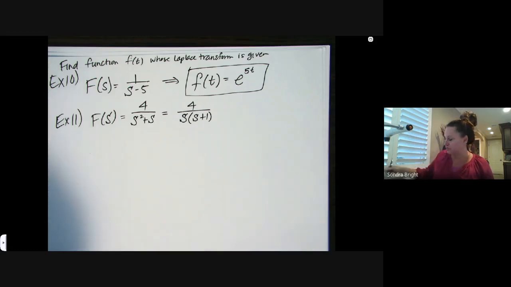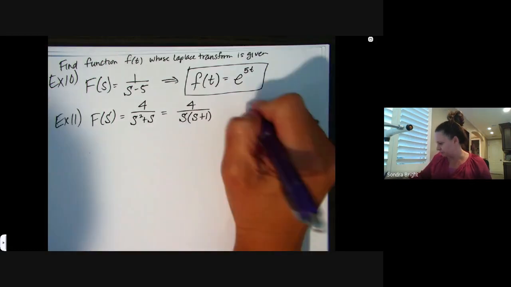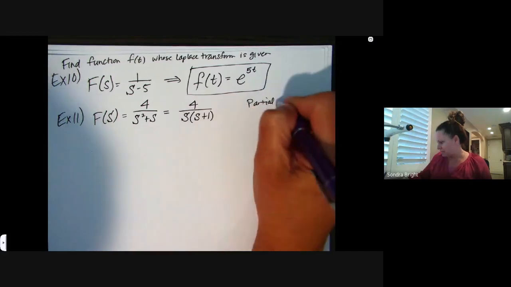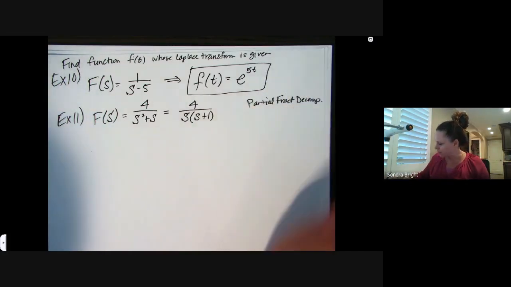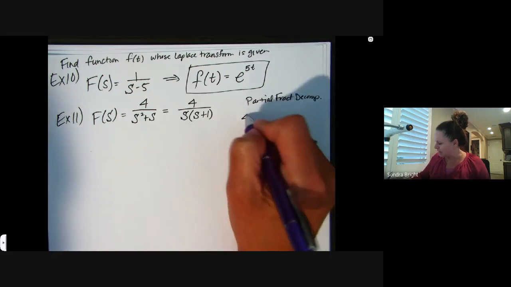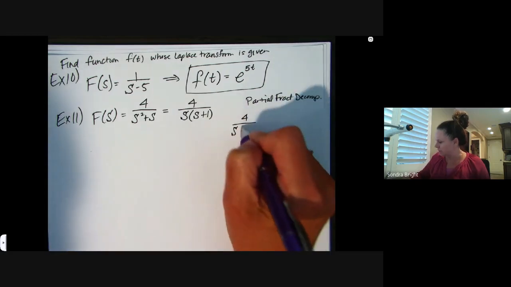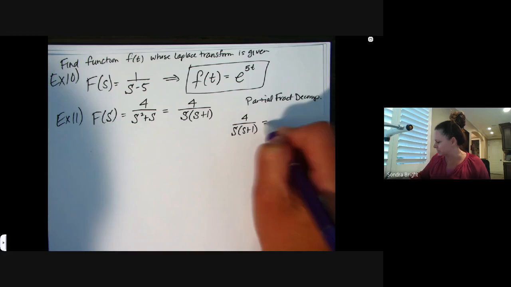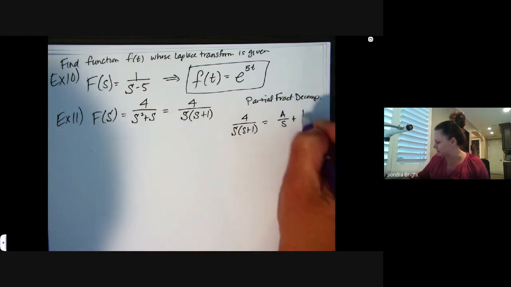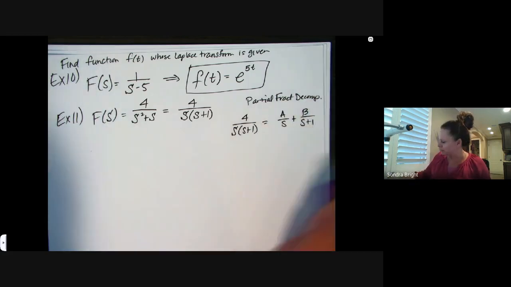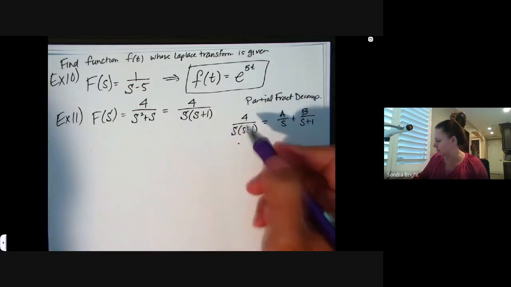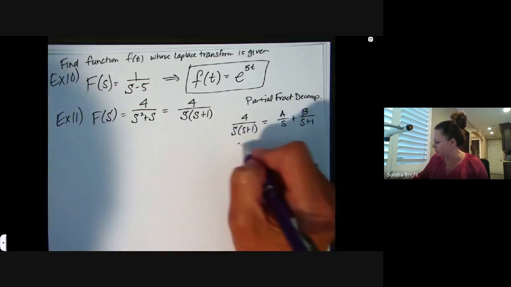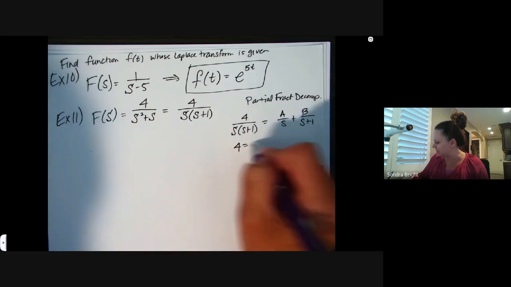You're going to use partial fraction decomposition. So 4 over s times s plus 1 is equal to a over s plus b over s plus 1. Multiply both sides by the common denominator, so you get 4 is equal to a times s plus 1 plus bs.